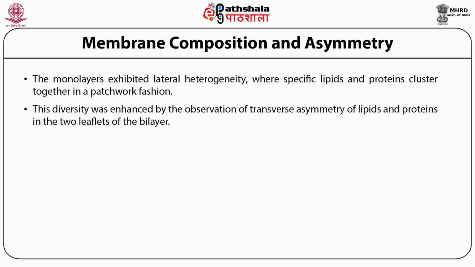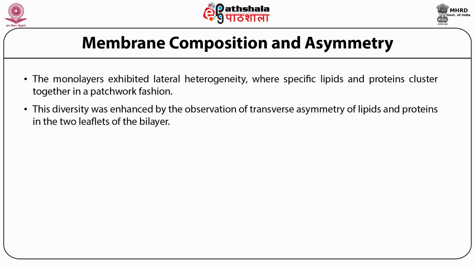This diversity was enhanced by the observation of transverse asymmetry of the lipids and proteins in the leaflets of the bilayer. So the membrane has lateral heterogeneity, and transverse asymmetry.